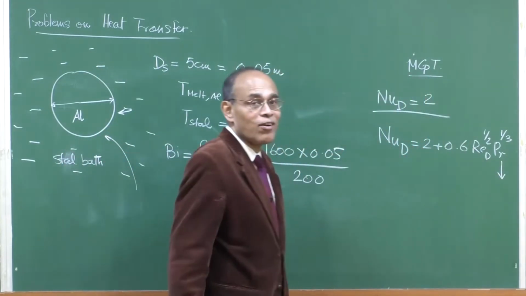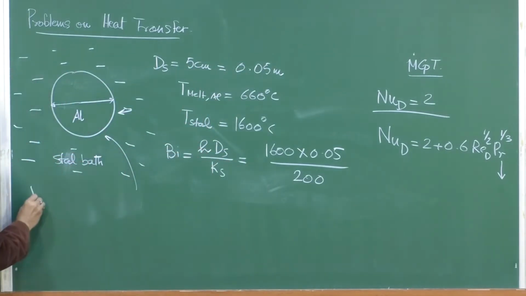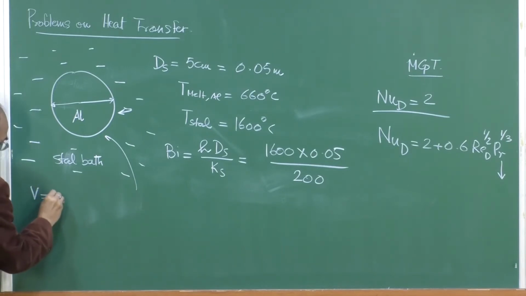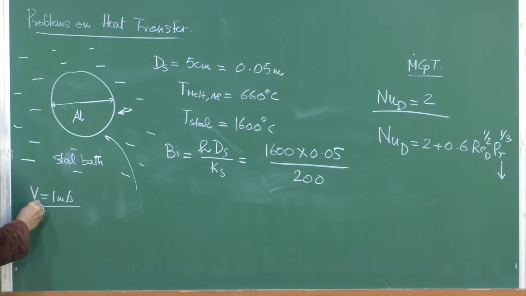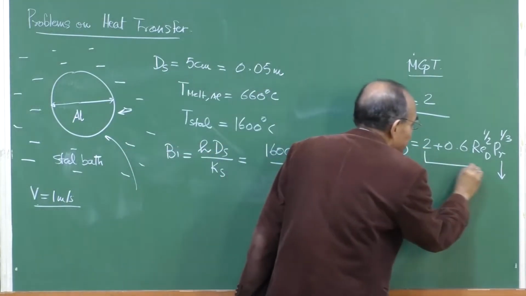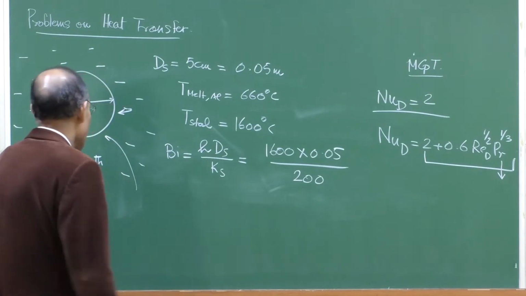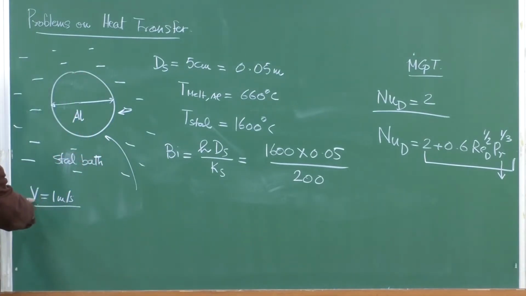To calculate the Reynolds number, the velocity must be supplied. We will specify that the velocity is, say, 1 meter per second past the sphere. So, given the velocity, this term can be easily calculated because the Prandtl number of the fluid is known, and the diameter based Reynolds number can be calculated.